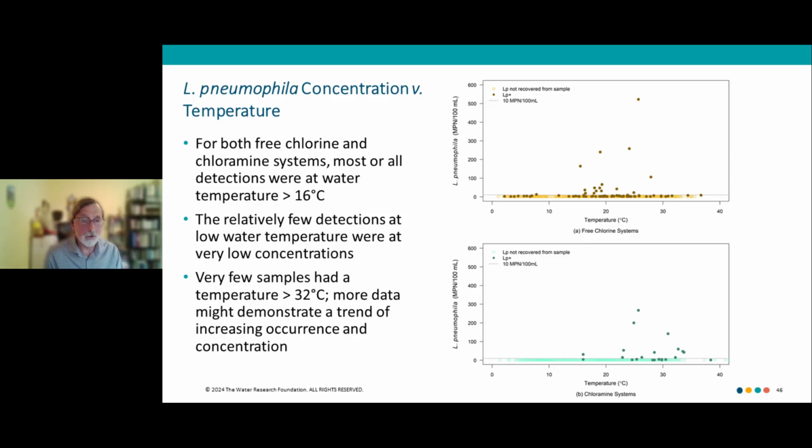But you can see that there are very few data above a temperature of 30, but you can see a trend toward increasing positives and increasing concentrations as you increase the temperature. It's much clearer for the chloramine systems. We didn't see any detections below 16, I think it was, and we saw increasing frequency and concentrations as the temperature was increased.